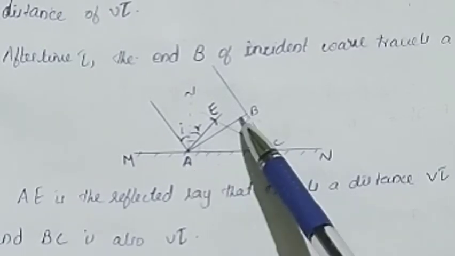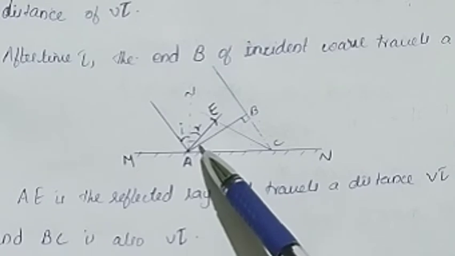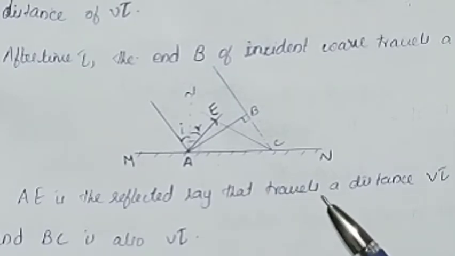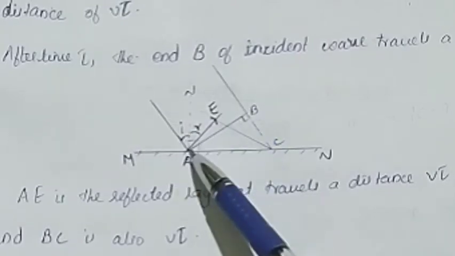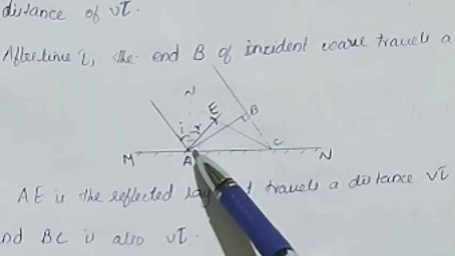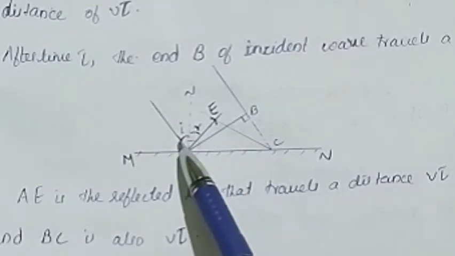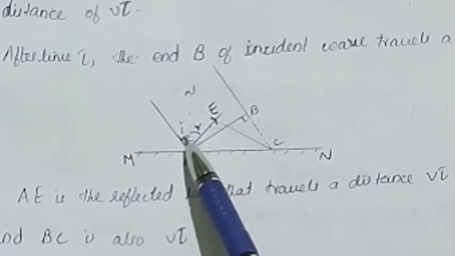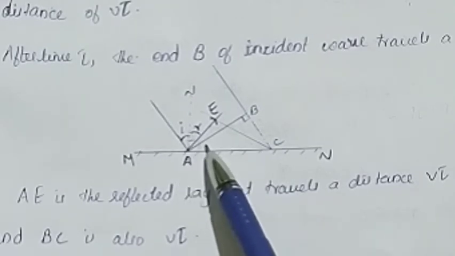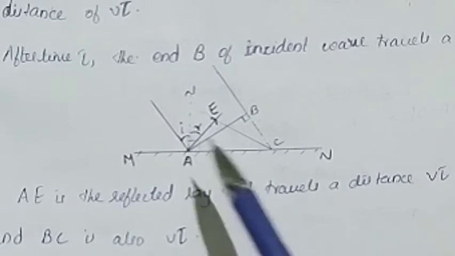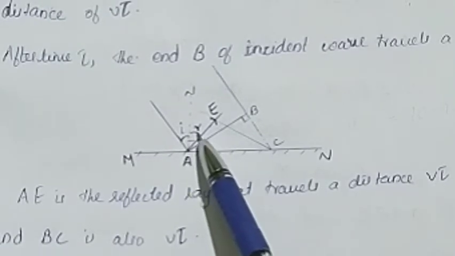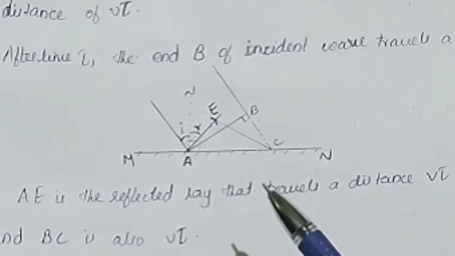So in the triangle ABC, we have to find the angle BAC. For that, we know that this is the plane wave that is incident on our mirror, and we know that here the angle A of the plane wave is 90 degrees, and one part of this angle is the angle of incidence and the other part is the angle of reflection.